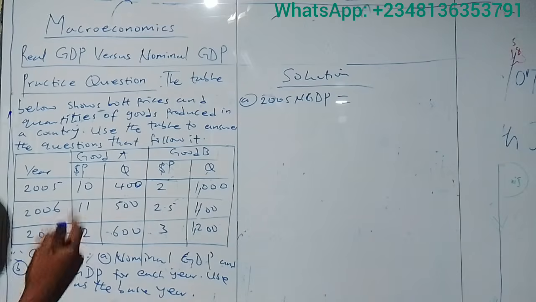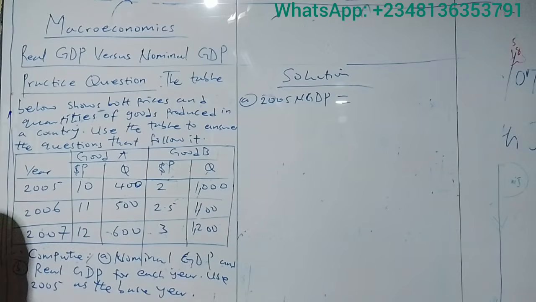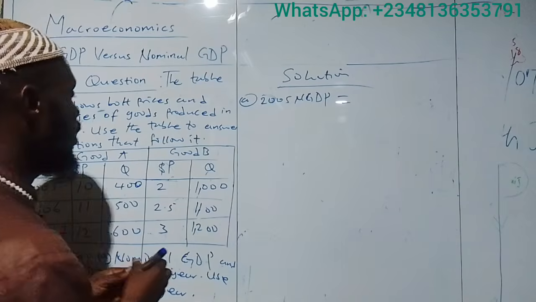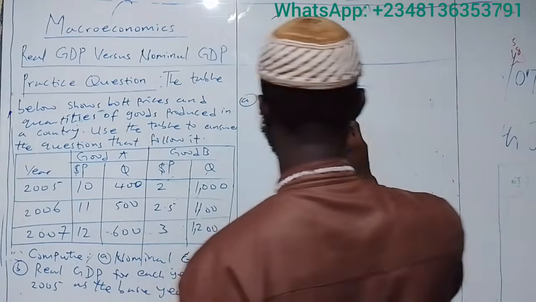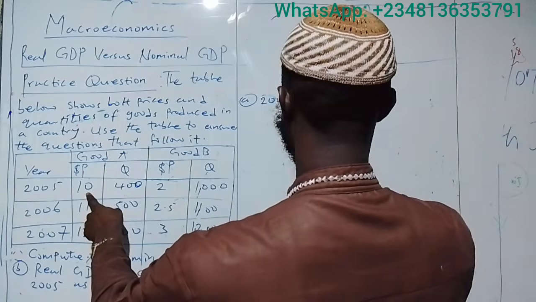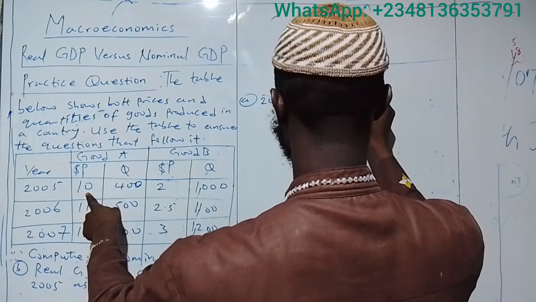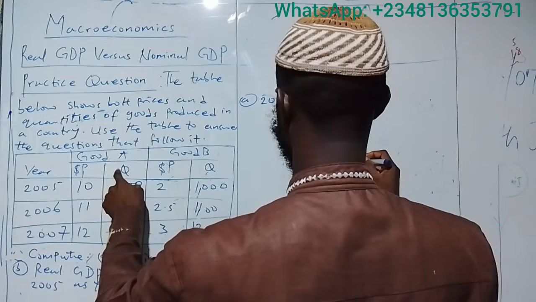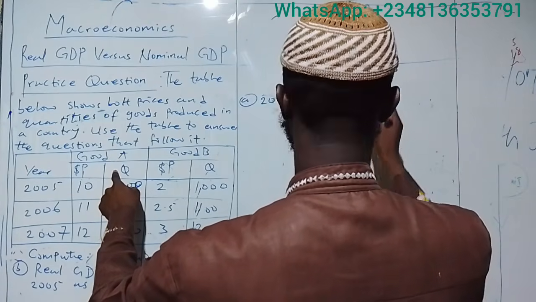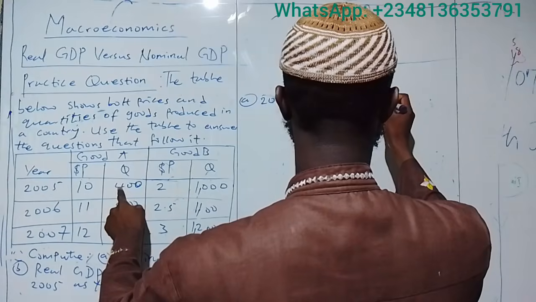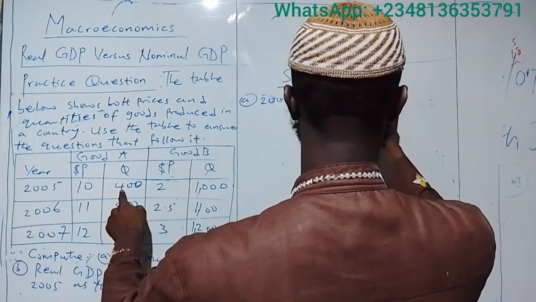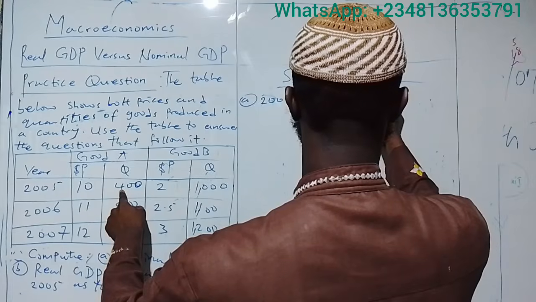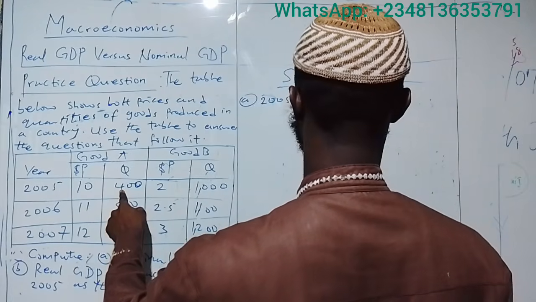Now, for 2005, we have the price of good A. In 2005 here, we have 10, which is the price, then multiply by the quantity of good A in that year. So in other words, we multiply by 400. So this is for good A.